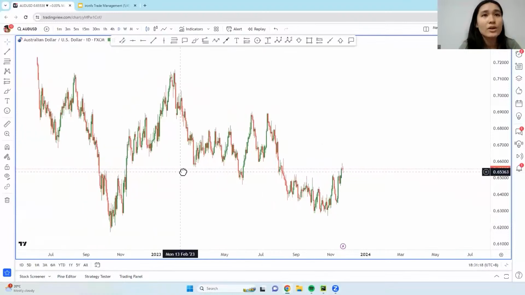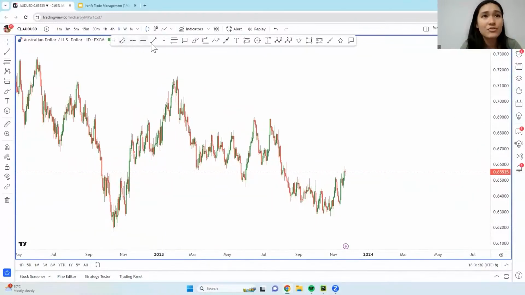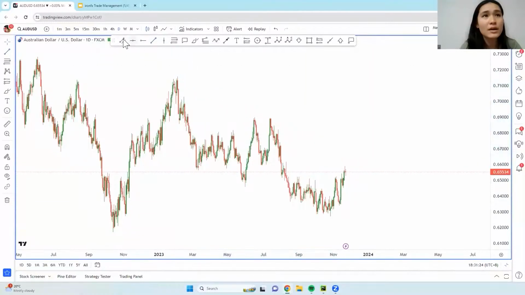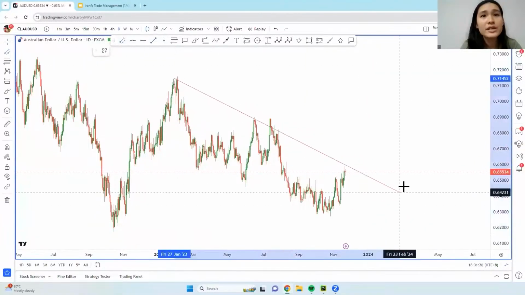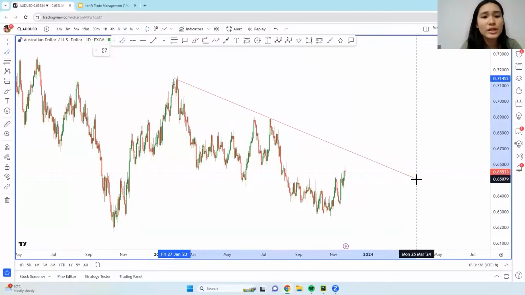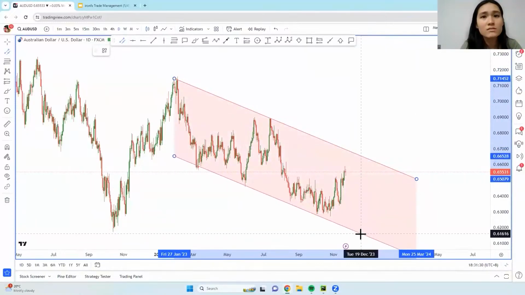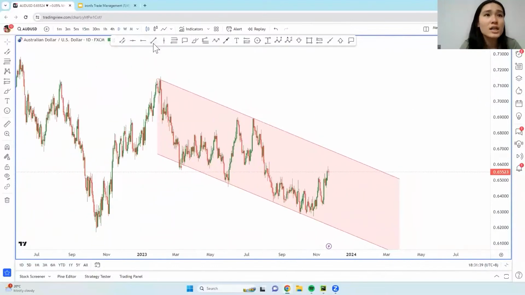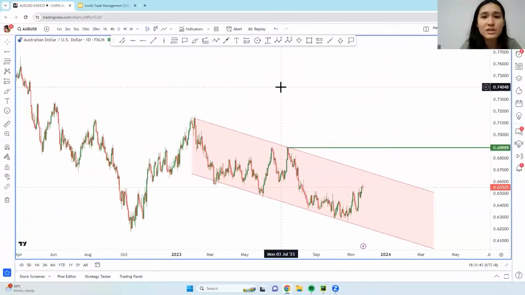Let's take a look at our daily time frame. Okay, daily time frame is also pretty bearish. Yeah, price is moving in this descending trend channel as well. Let's just go in really quickly with some support and resistance levels.